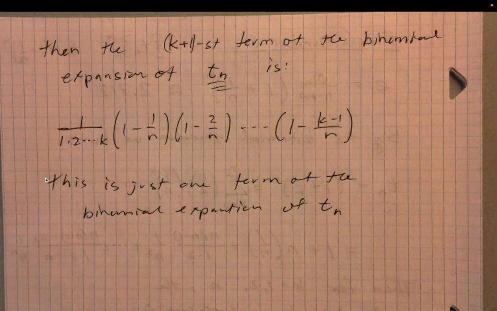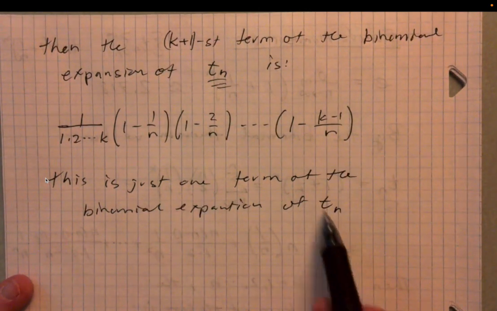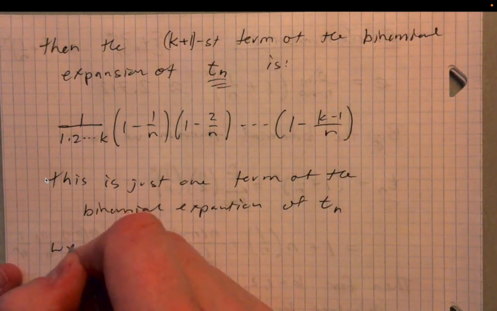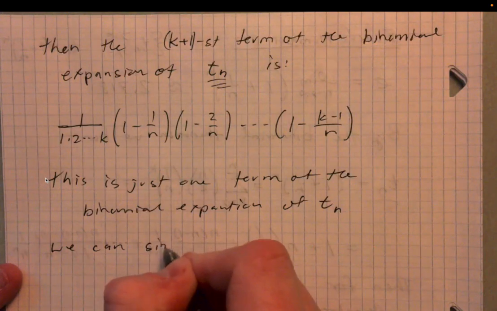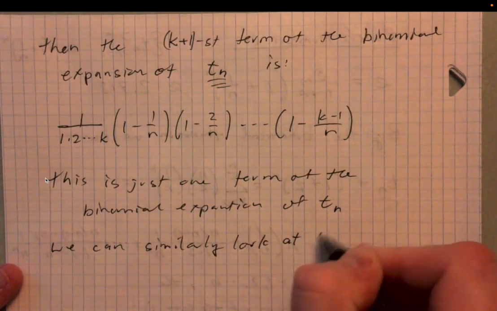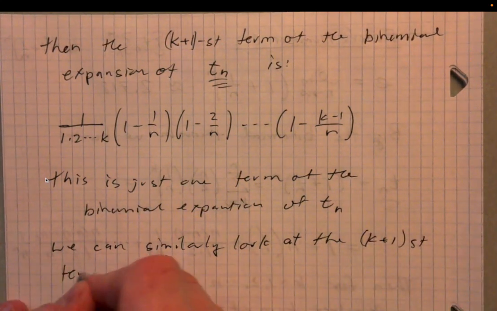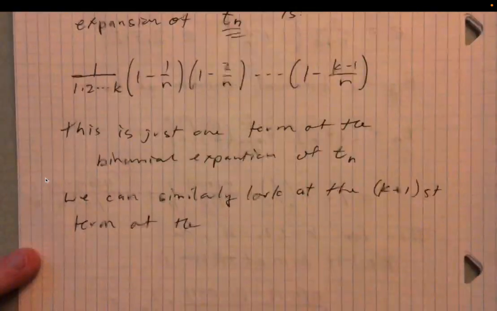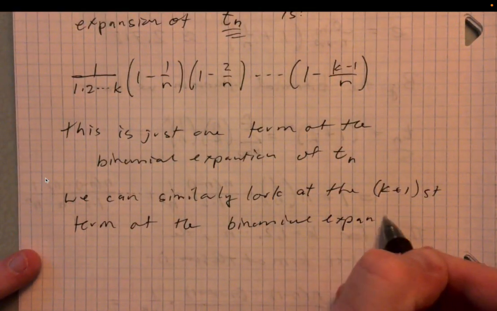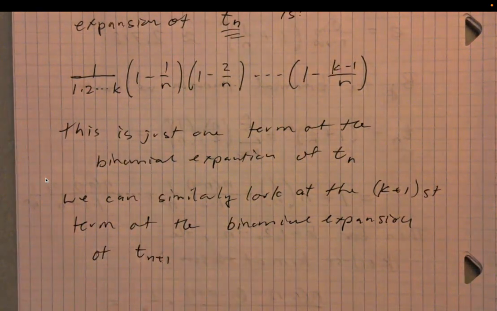It's just one of the terms of the binomial expansion of t sub n. So let's think about the binomial expansion of t sub n plus 1 and look at the same term. So we can similarly look at the k plus first term of the binomial expansion of t sub n plus 1.